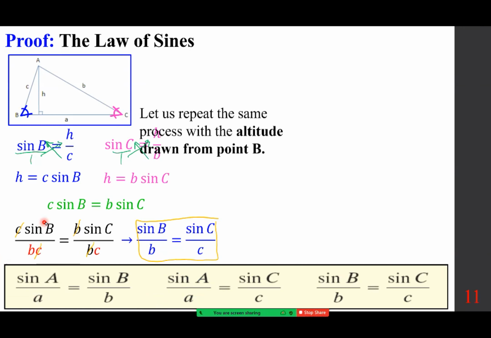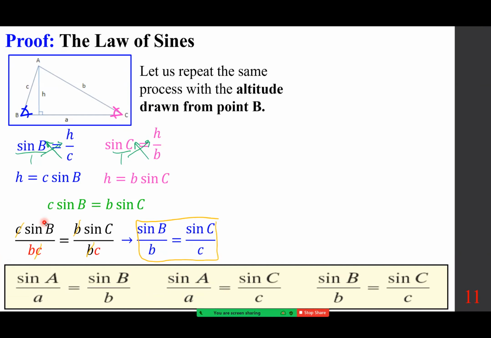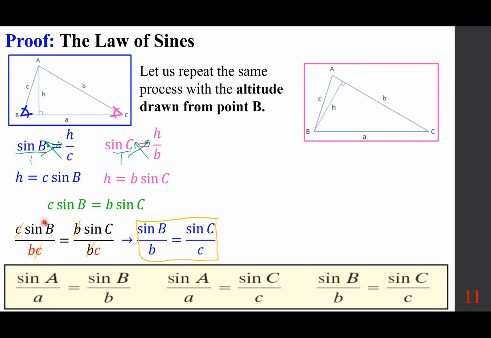We're going to repeat the process, but this time we are going to look at a different point, a different angle, a different vertex B, and we drop a perpendicular.